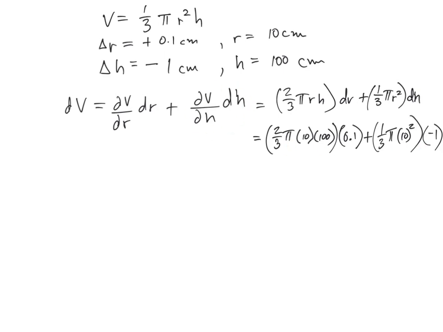And now you just crank the numbers and you will find you get 100 pi over 3 centimeters cubed. That is an approximation to the change in volume due to a change in r of positive 0.1 centimeters and a change in h of -1 centimeters.